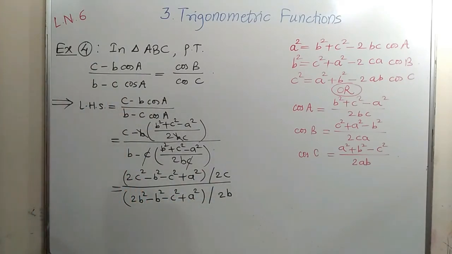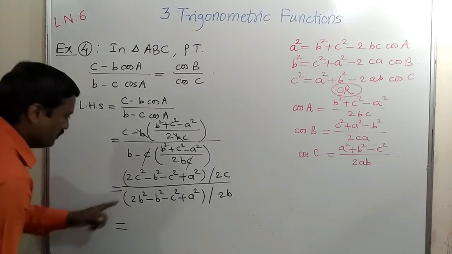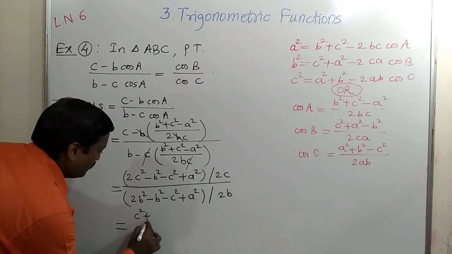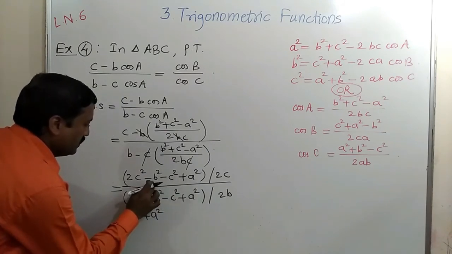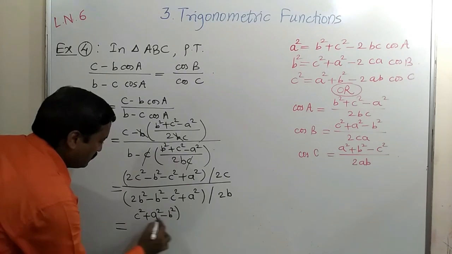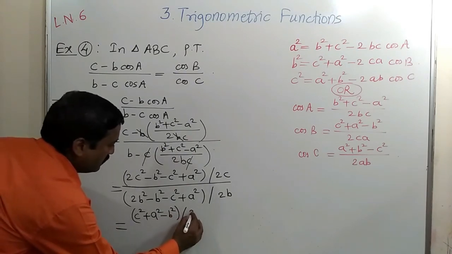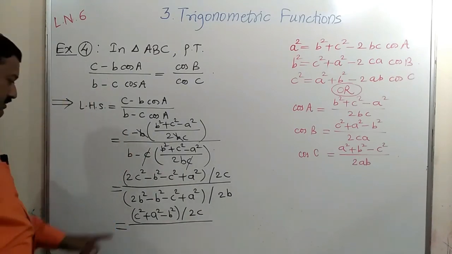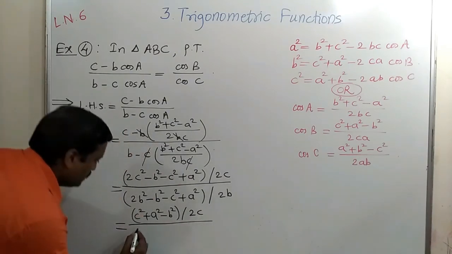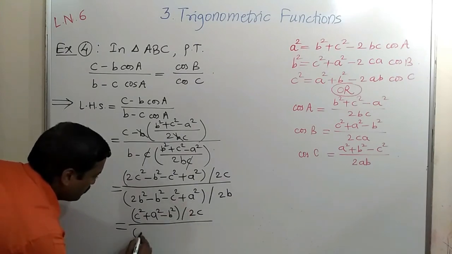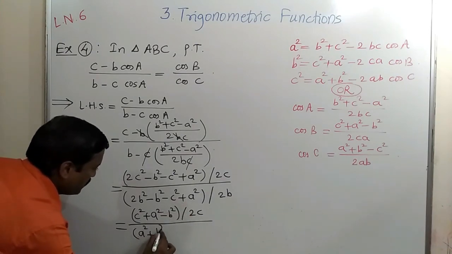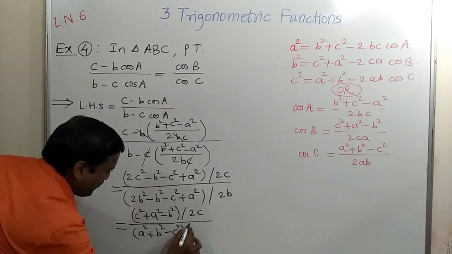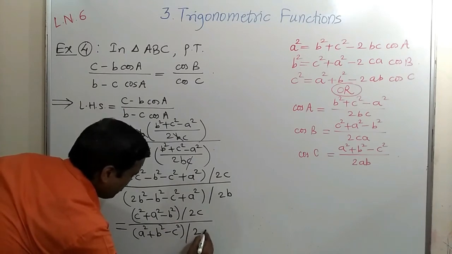Okay. Let us simplify this. That is equal to 2c square minus c square is c square plus a square minus b square, and this divided by twice c. At the denominator we get 2b square minus b square as b square, so a square plus b square minus c square whole divided by this twice b.